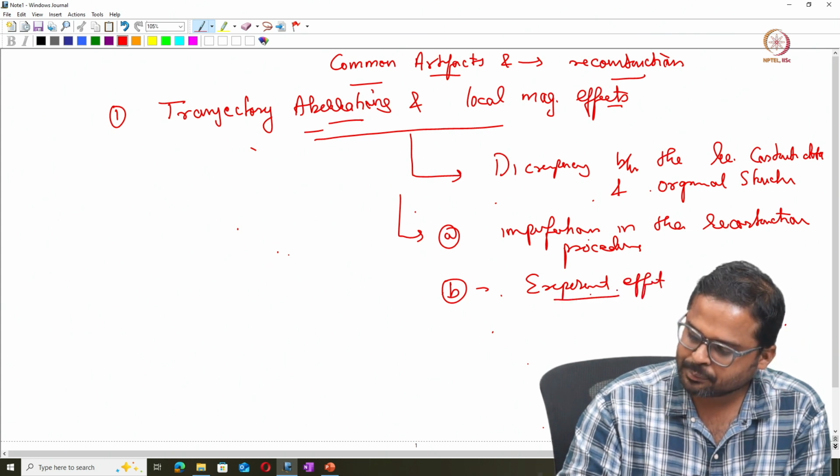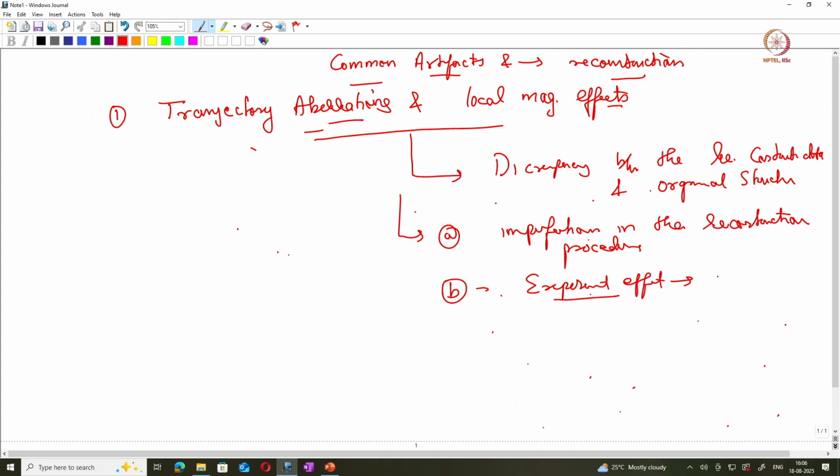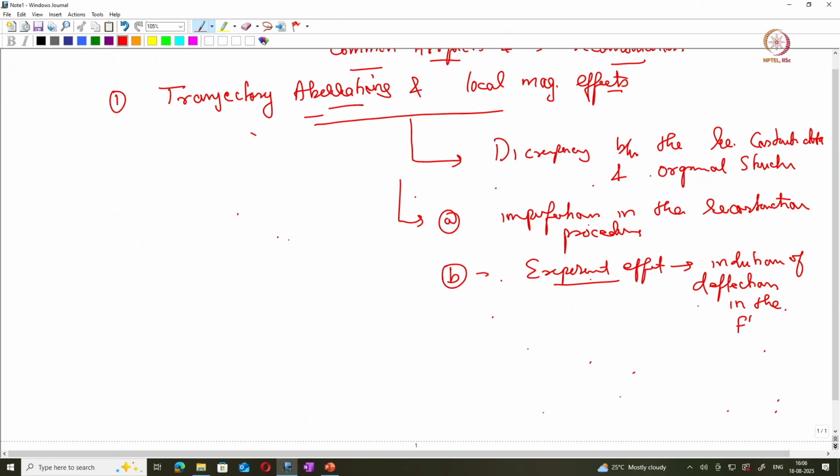Okay, these experimental effects are due to the induction of deflections in the flight of ions. Okay, so among these experimental effects, the most commonly observed is the roll-up effect.